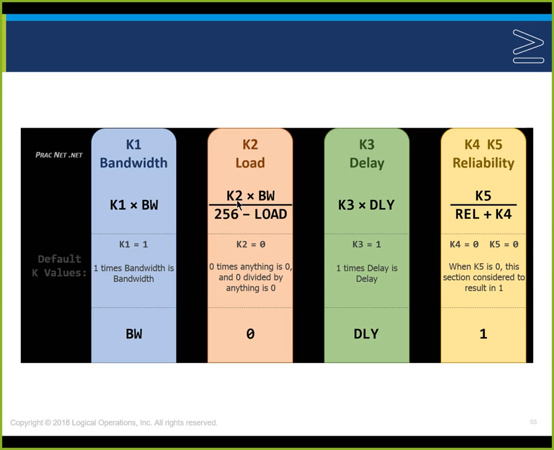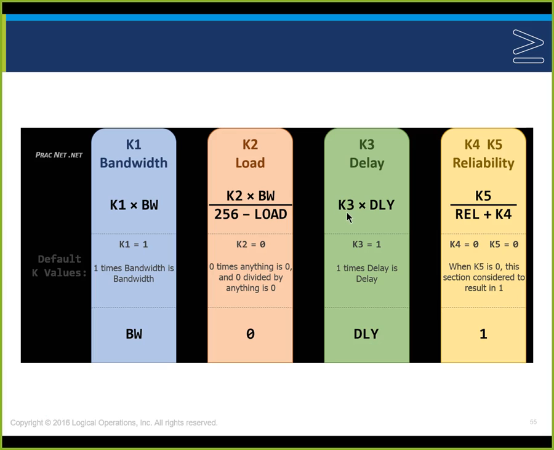Over here, the load: K2 times the bandwidth over 256 minus the load. It doesn't really matter a whole lot because we have a 0 here. So anything divided into 0 is going to be 0. So 0 times anything is 0, and 0 divided by anything is 0.